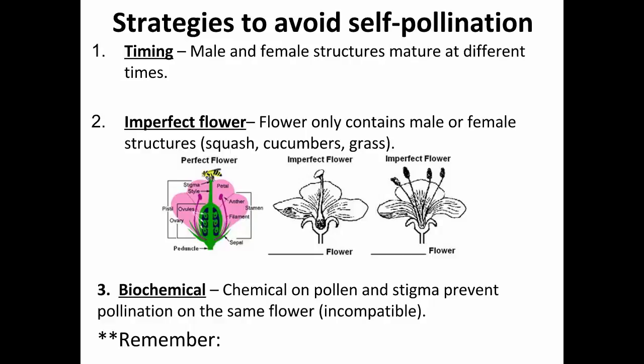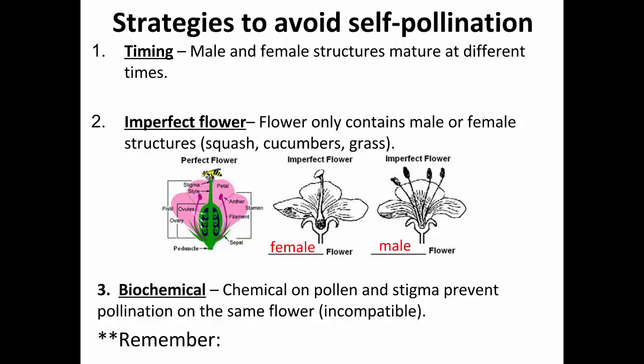If there is a flower and it doesn't have a pistil, it just has the male stamens, that's an imperfect flower. This would be a male flower. Other flowers might only have the pistil. Those would be female flowers. And so obviously, if each individual flower only has one or the other, it can't self-pollinate because there's no pistil here.